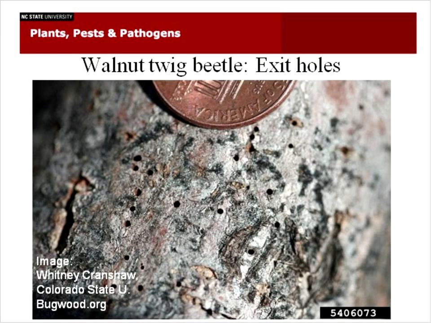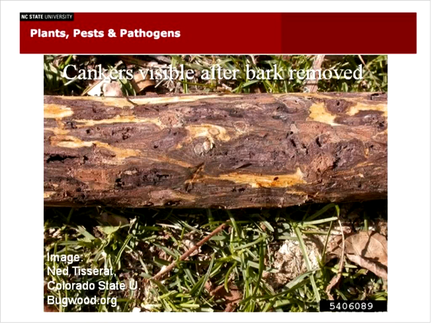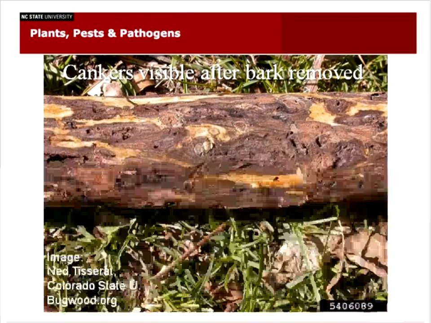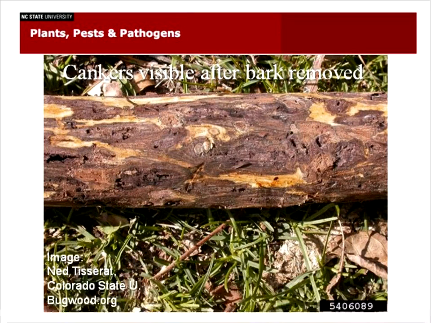They are extremely small, as you can see from this photograph of the exit holes where the adult beetles emerge from this branch in comparison with a penny. If you strip the bark off of an affected branch, you'll notice the cankers underneath, which because of their large numbers gives the common name of the disease, thousand cankers.